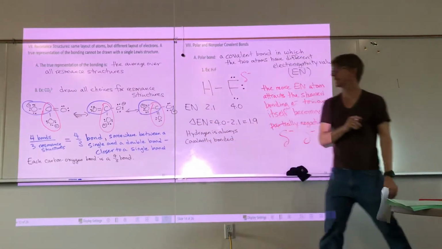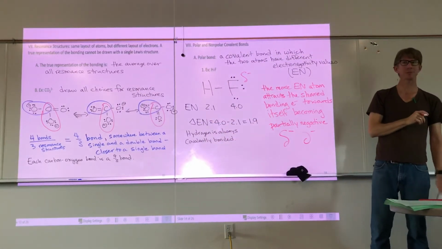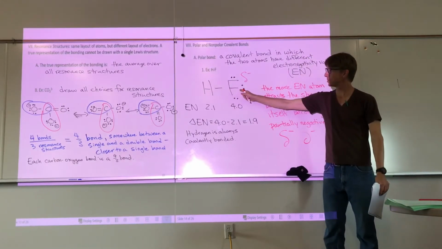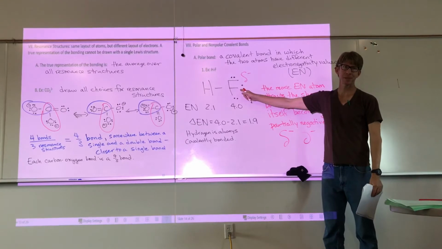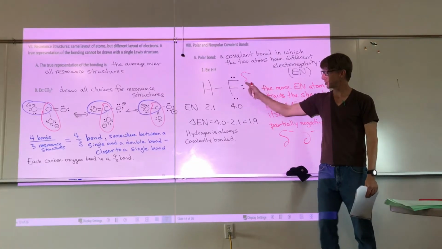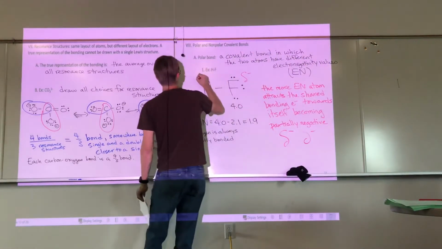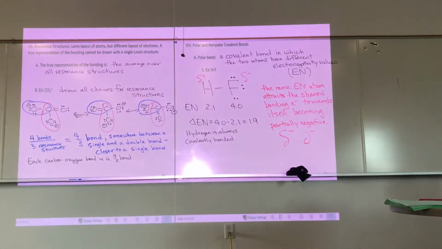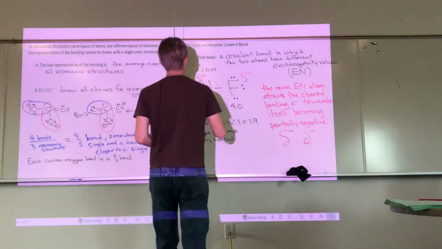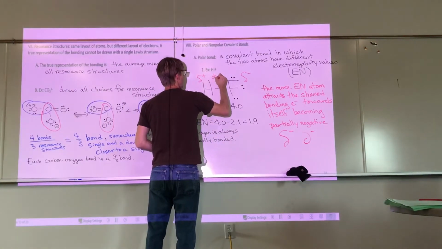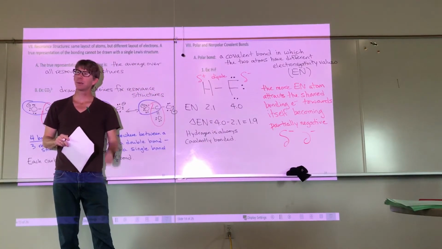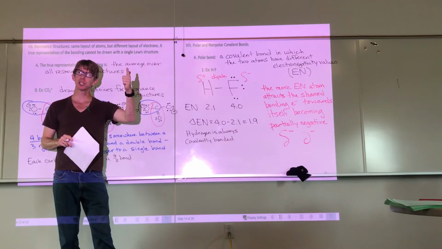I tend to draw it like that. That one's going to be partially negative because these two electrons are pulled closer to fluorine. If this one's partially negative, the other one has to be partially positive, creating a dipole. And a dipole is a permanent partial separation of charge.